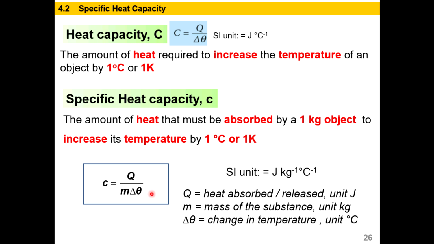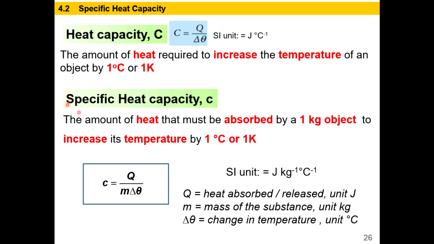So this is the formula for specific heat capacity: c equals Q over m delta theta. Try to compare this with the formula of heat capacity, capital C. What is the difference? Yes, specific heat capacity must be divided by mass, m.